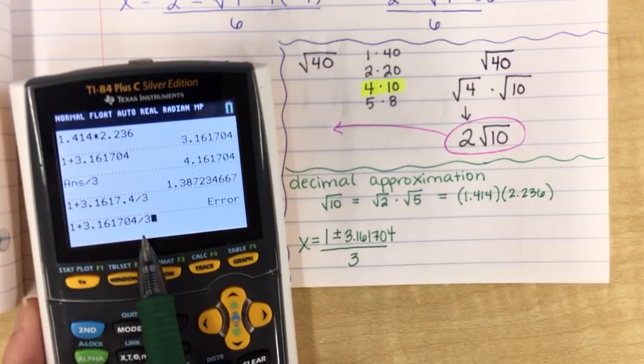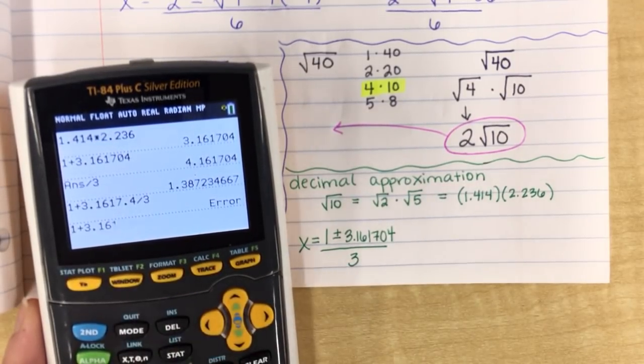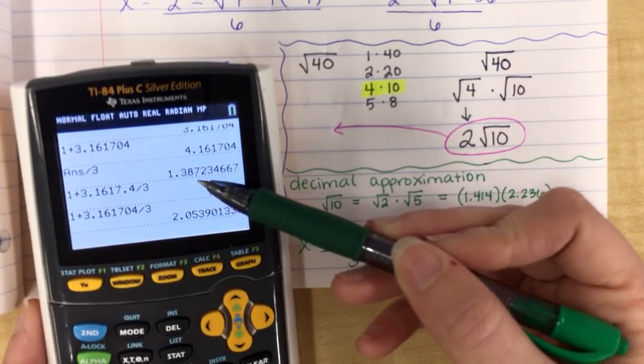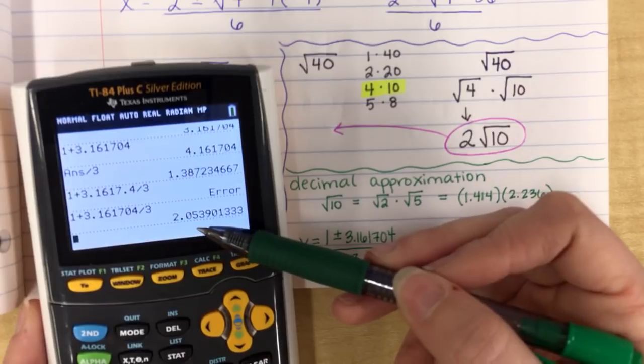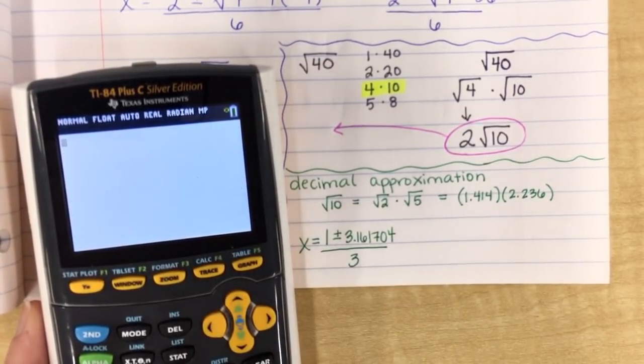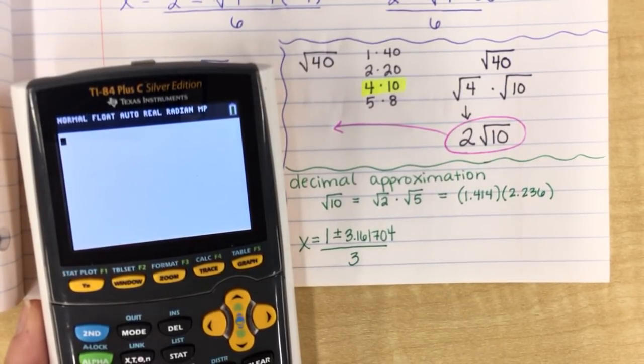So what it's going to do is it's going to do PEMDAS. It's going to do the division first and then add 1 onto it. You'll notice that these two numbers are different. 1.387 is different than 2.0539, whatever. Okay, so that's why PEMDAS really does matter. So either use parentheses or do it step by step. Not a big deal either way.